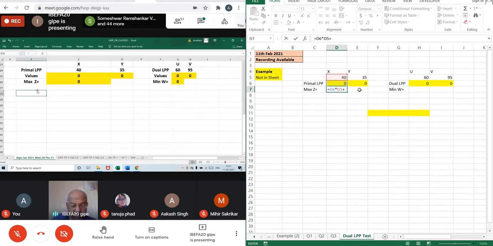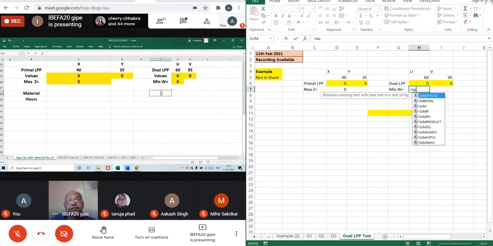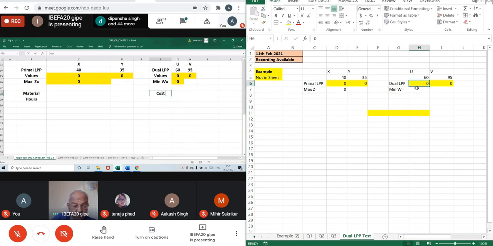Now constraint here will be material and hours. Constant here will be cost or material, cost or hours.